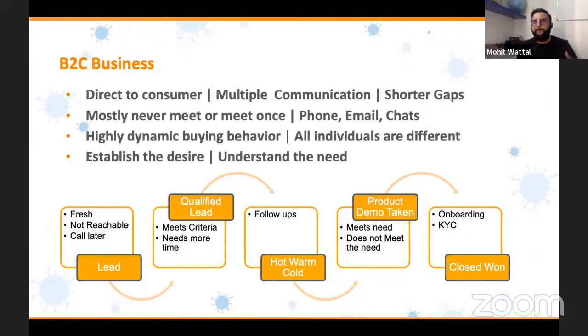So anybody who comes to the Sunstone website, fills up the form, leaves their number, is a lead. But if they do not have 50% in graduation, it is not a qualified lead. It is just a lead. I might want to reach out to them next year when they are getting their graduation.